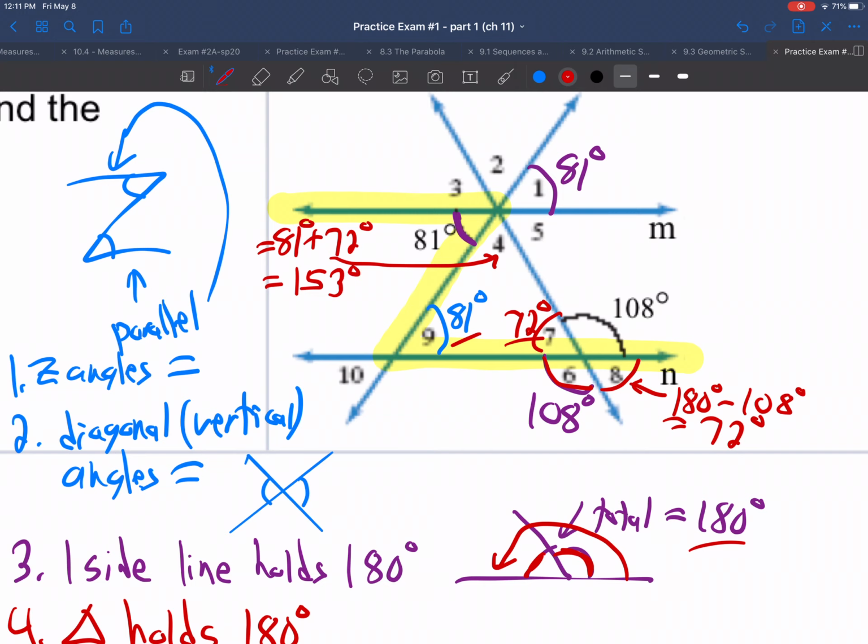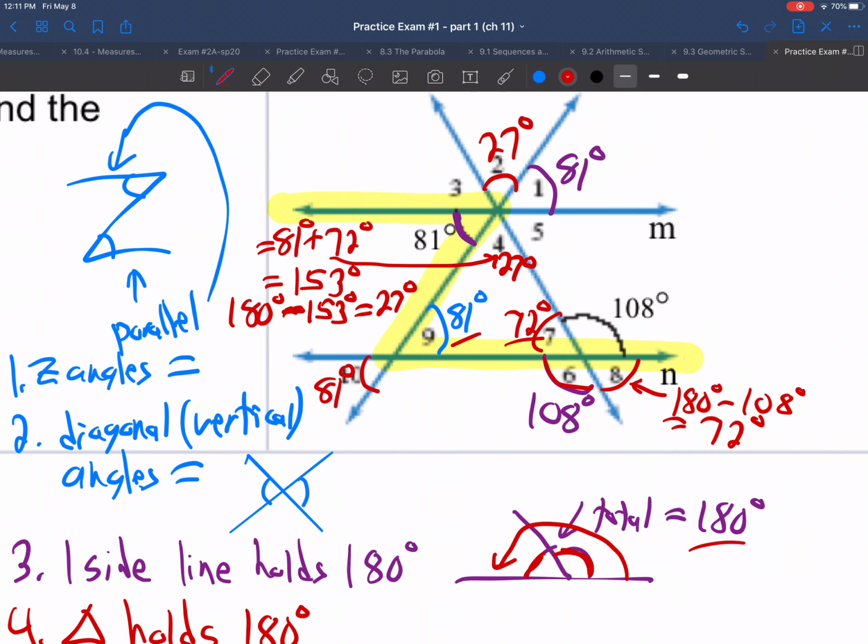If I take 180 minus 153, that's 27 degrees. So angle 4 has got to be 27 degrees, so that those three now total 180. And then the angle diagonally across from that one's got to be 27. The angle diagonally across from the 81 has got to be 81, angle 10.